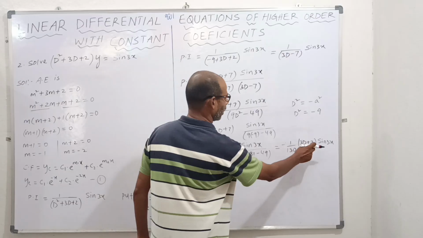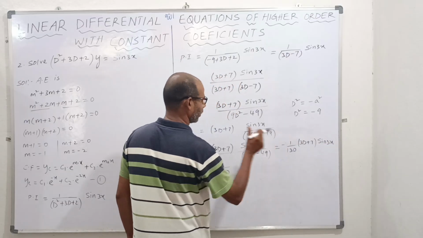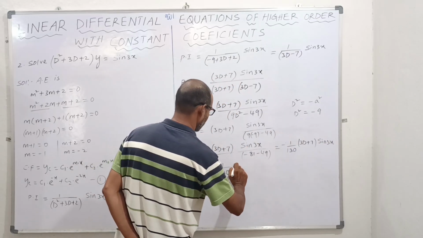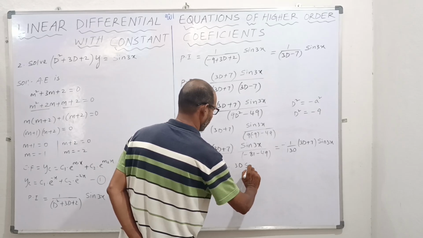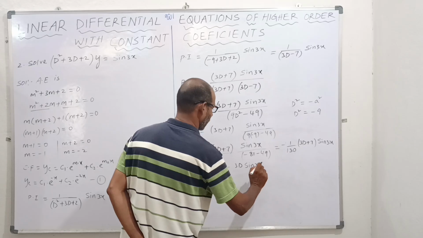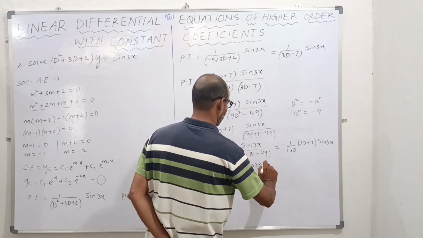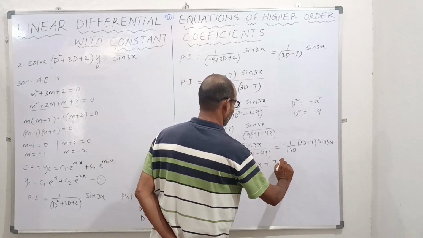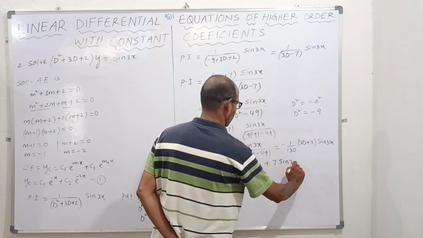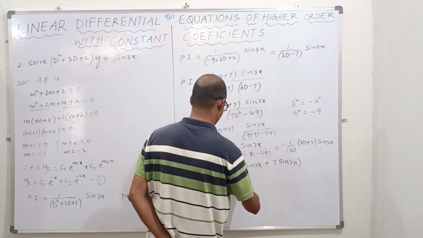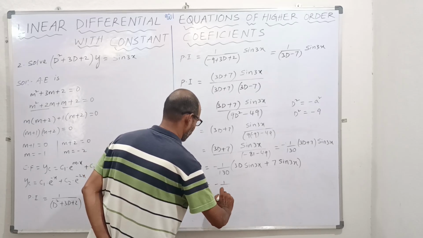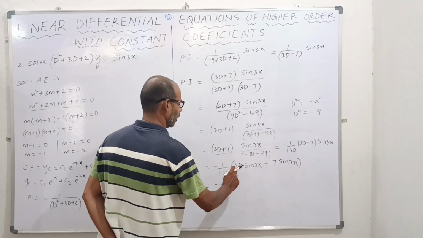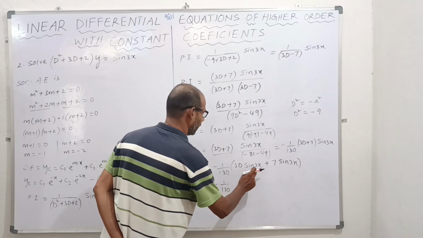Now multiply this: 3D of sine 3x plus 7 sine 3x.